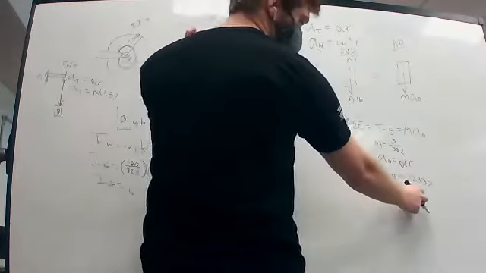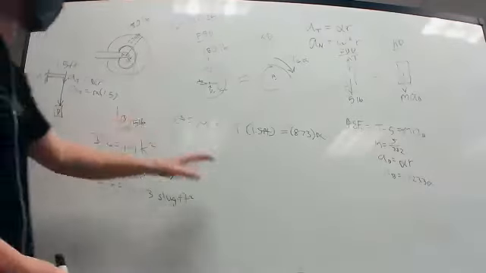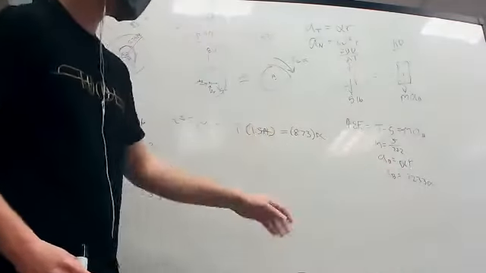And this 0.233 just comes from 5 divided by 32.2 times 1.5, because we're just putting that all together in here.